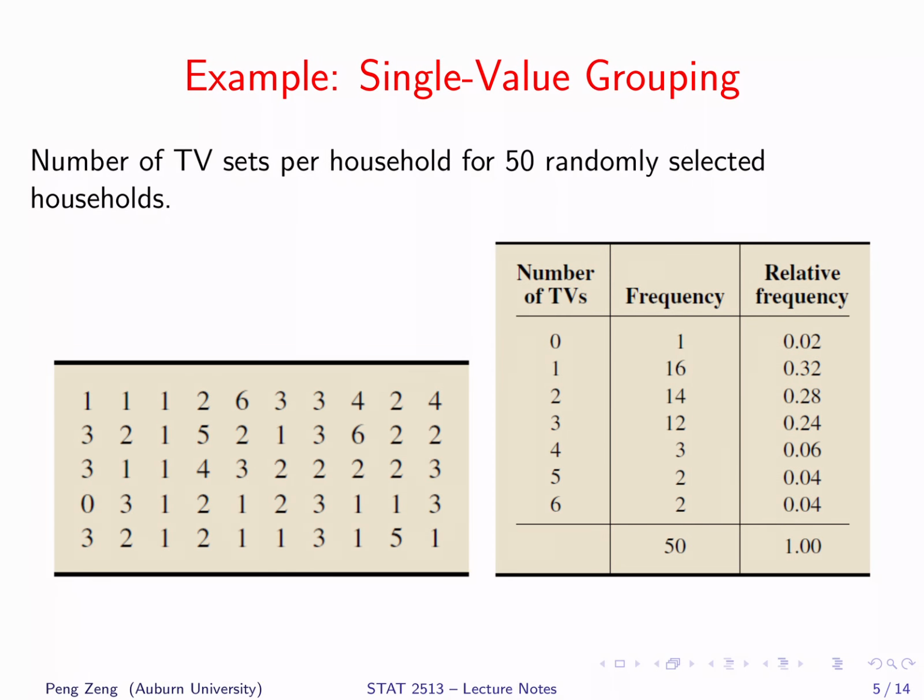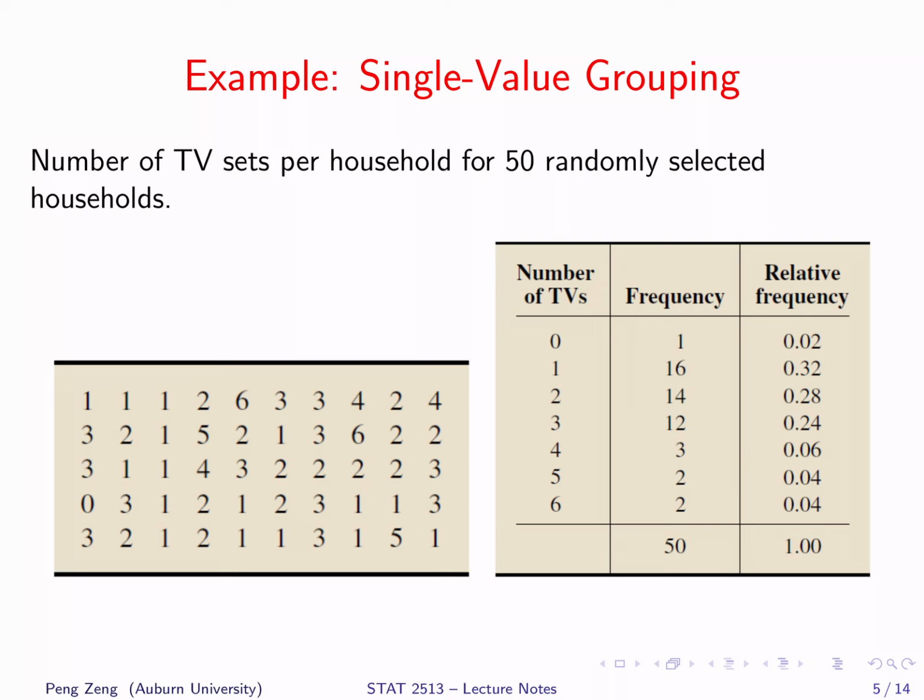Let's look at an example. The data contains the numbers of TV sets per household for 50 randomly selected households. Look at these numbers. We will notice that there are only a limited number of values. The smallest is 0 and the largest is 6. It is a perfect choice for single value grouping.